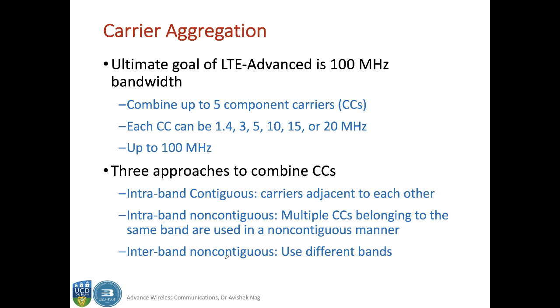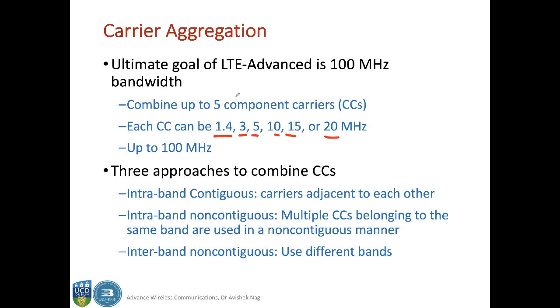So the first concept is carrier aggregation. So basically the ultimate goal of LTE Advanced is 100 megahertz bandwidth. Okay, so you can combine several carriers. So usually the allowed carriers in LTE were these 1.4, 3, 5, 10, 15 or 20 megahertz.